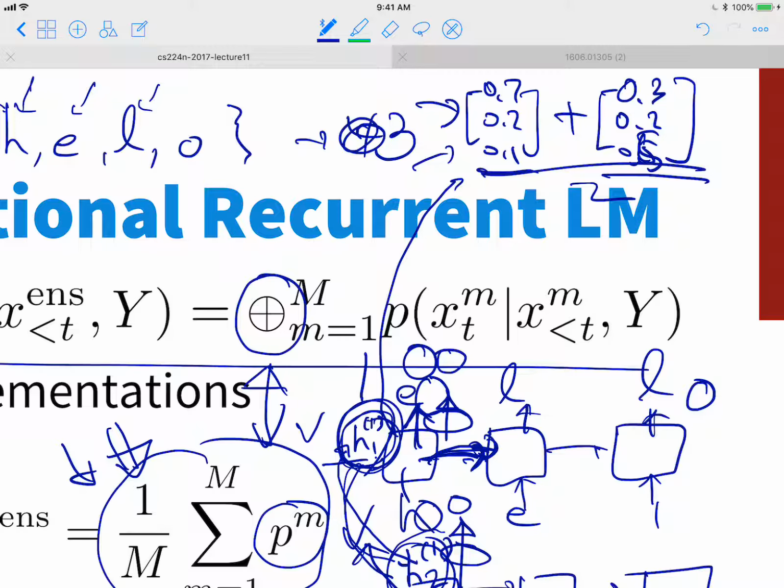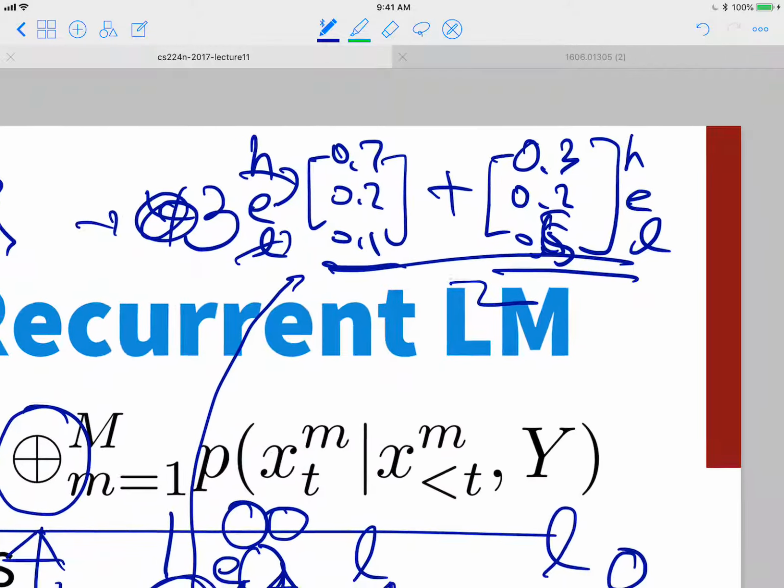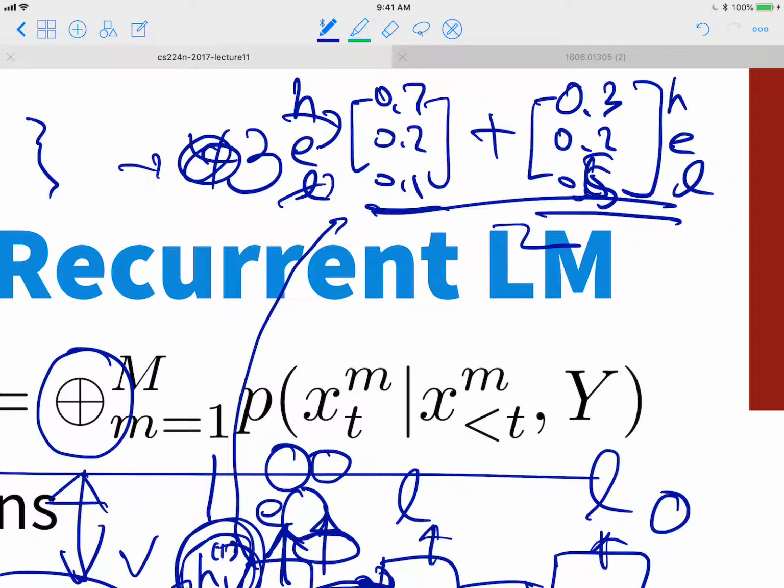For example, suppose this one is H, E, L and H, E, L, and we just pick the token corresponding to the argmax entry, which is H and L. Suppose we have 3 different models, and 2 of them generated an H and 1 generated an L. In that case, we can truly do the majority voting after discretizing these values into single outputs.